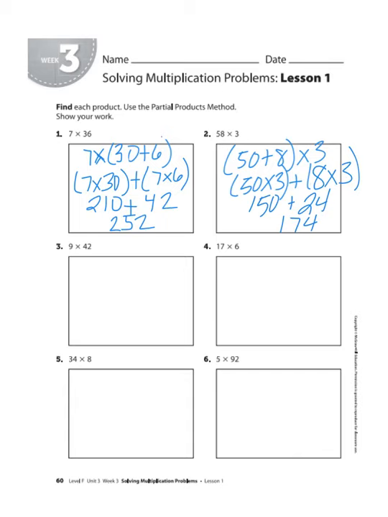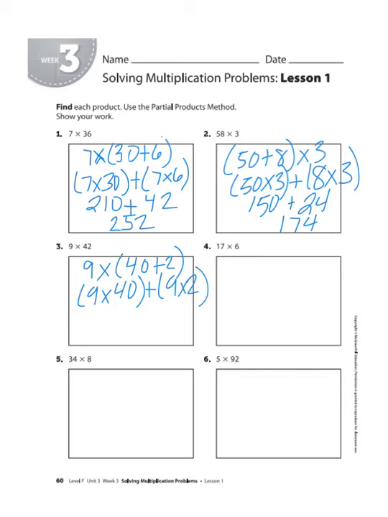Number 3, 9 times 42. I'm going to do step 1 and break apart my 2-digit number. So this is 9 times 40 plus 2. Now I'm going to multiply what's inside my parentheses. So this is going to be 9 times 40 plus 9 times 2.